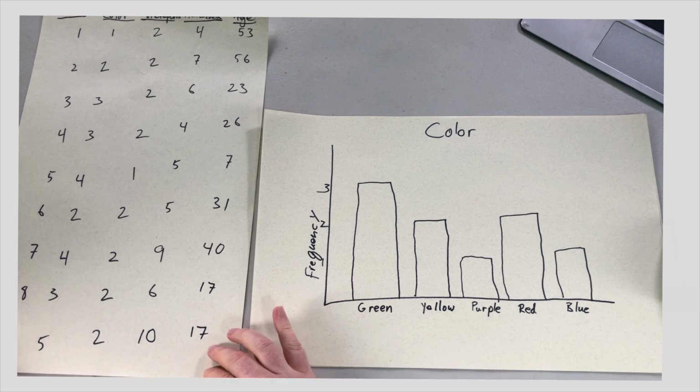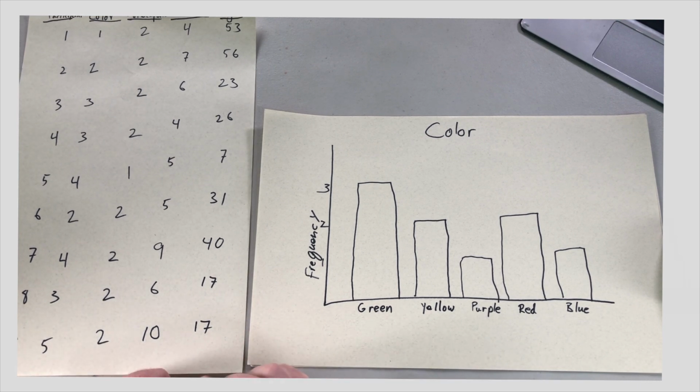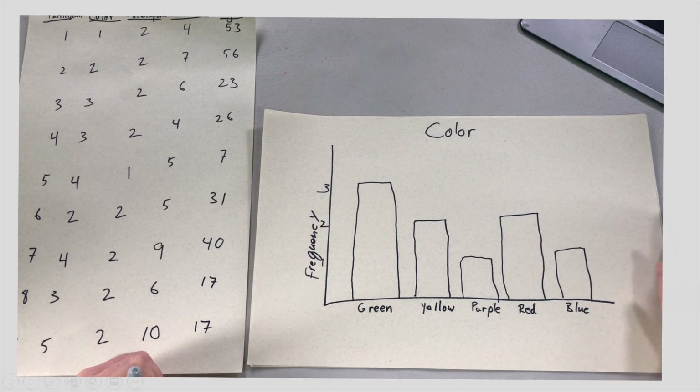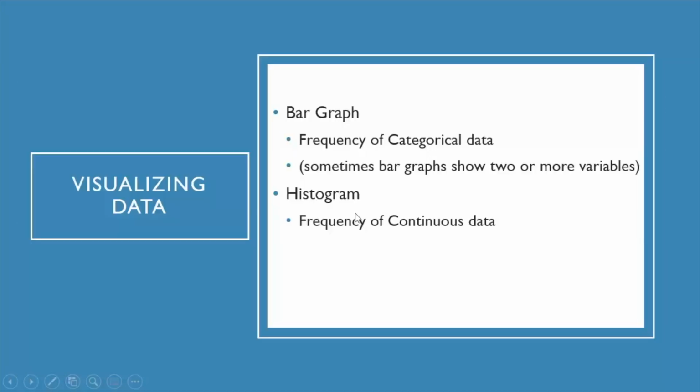We just made a bar chart or a bar graph. When we want to visualize data, we use a bar graph when we want to know the frequency of categorical data. We only use a bar graph when we are looking at the frequency of categorical data.